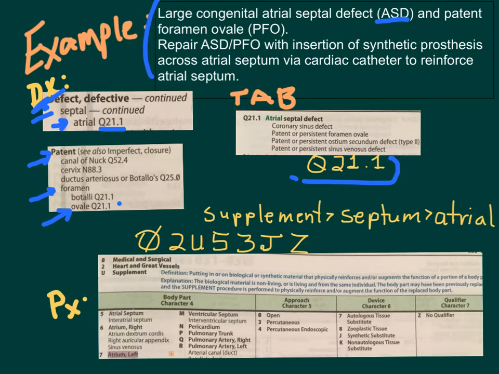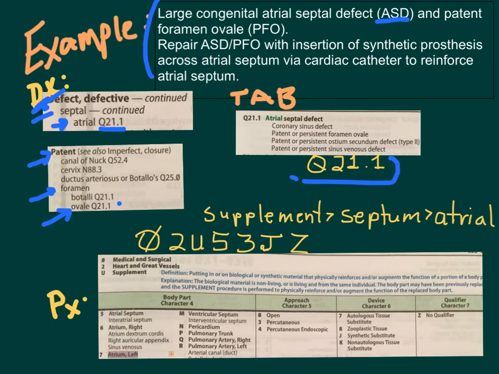The key here being remembering we need to do a little research. If you are not familiar with either of these diagnoses, go out and do a little research, but I'll let you know now, both ASD and PFO are considered a hole in the wall between the upper chambers of the heart. However, the causes are different.